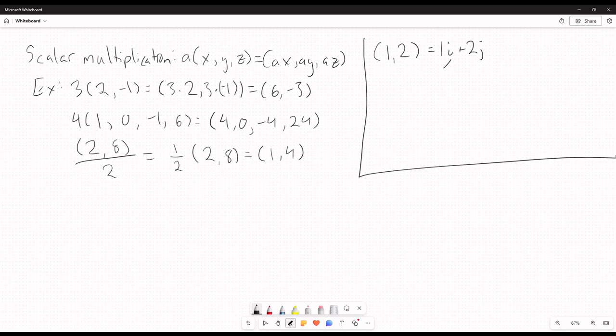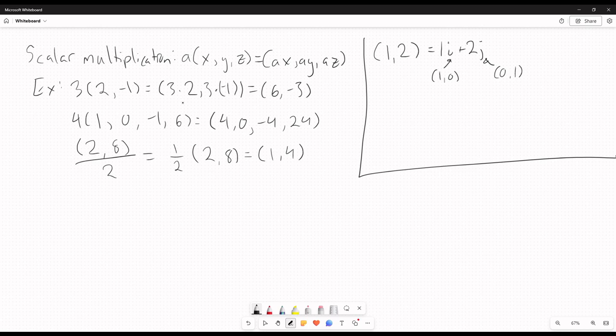The standard basis vectors: i is just a shortcut for writing the vector 1, 0. j is just a shortcut for 0, 1. So when we do the multiplication and we add these together, we see that this ends up being the same thing.